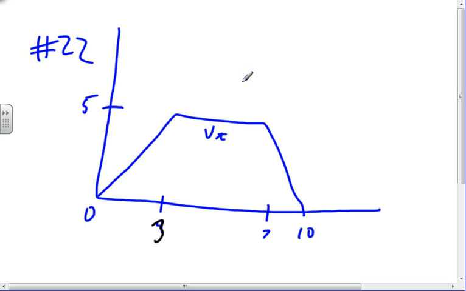So that curve right there, y is equal to 5 over 3 x. Okay, that's the slope.